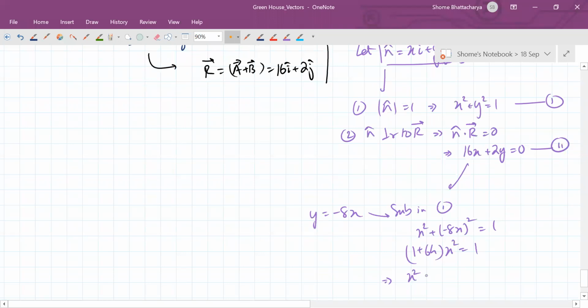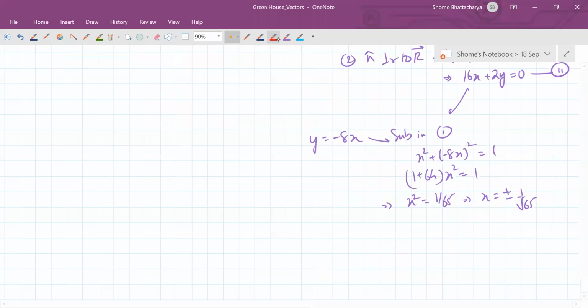So x square should be 1 by 65, which means x can be either plus or minus 1 by root 65. So my unit vector n cap can be 1 by root 65 i cap, and if x is 1 by root 65, then y should be minus 8x, so it should be minus 8 by root 65.